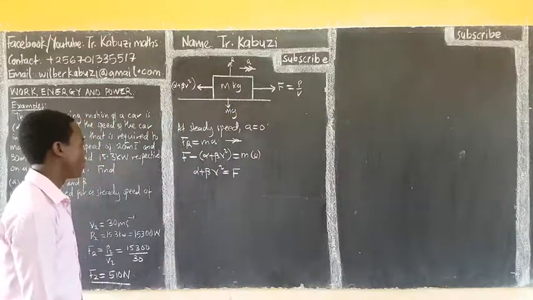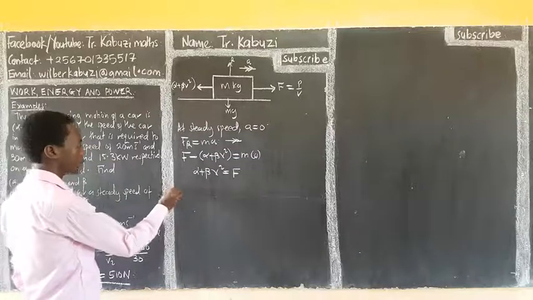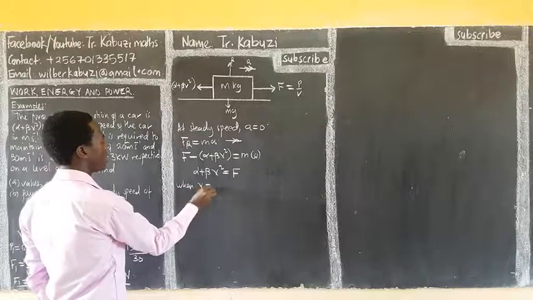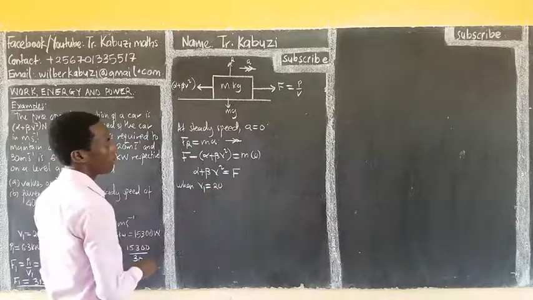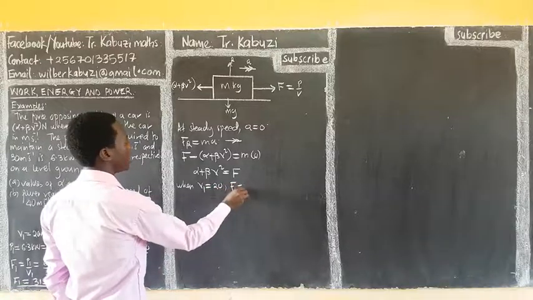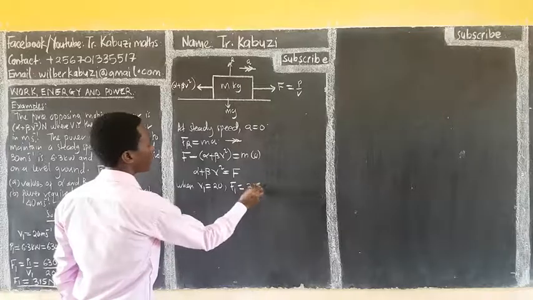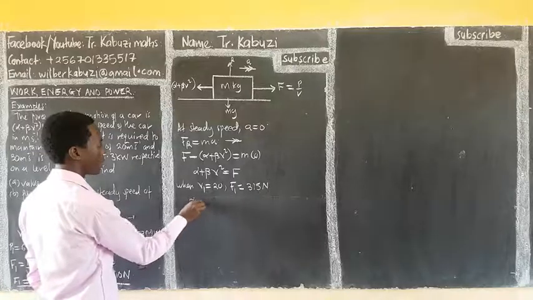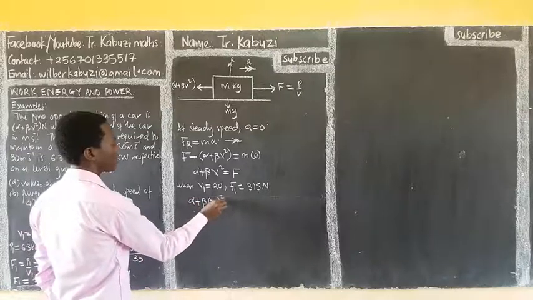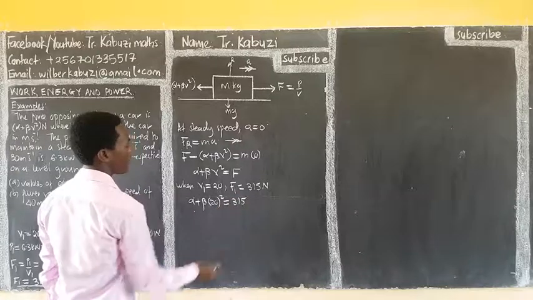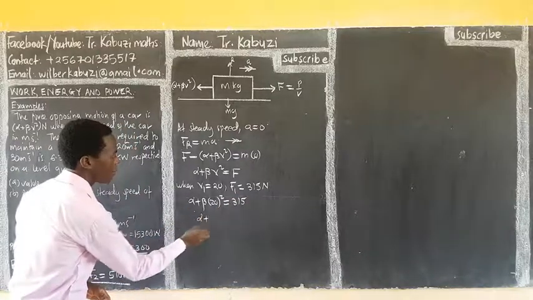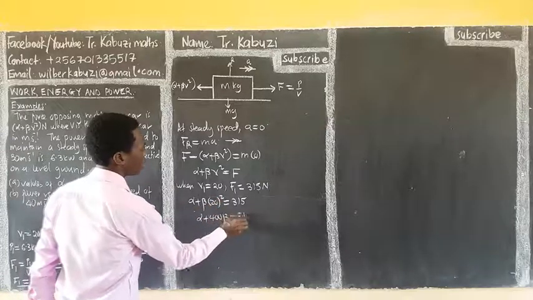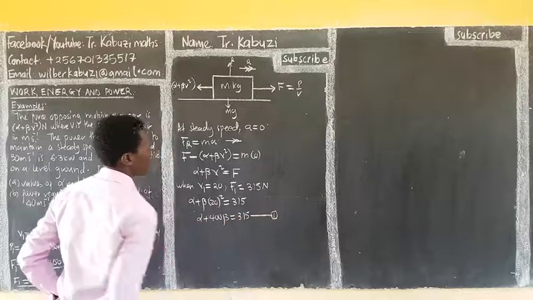Now, when V1 is equal to 20, my F1 is 315 newtons. Putting in, I have alpha plus beta into 20 squared equal to 315, so alpha plus 400 beta equals 315. I call this equation 1.